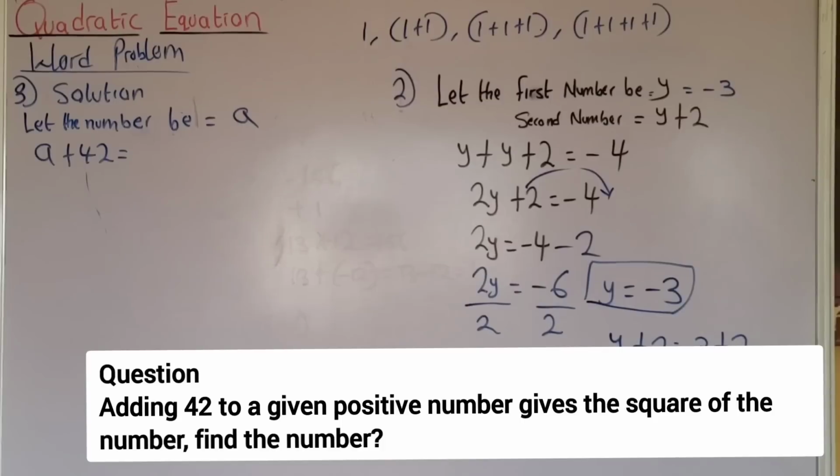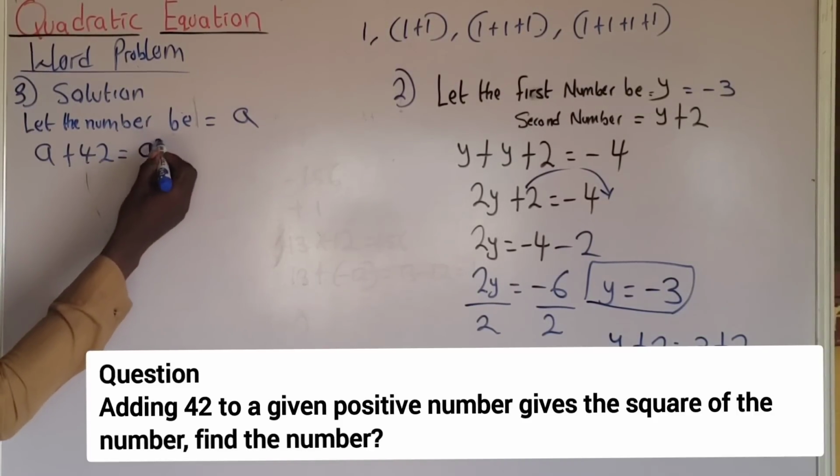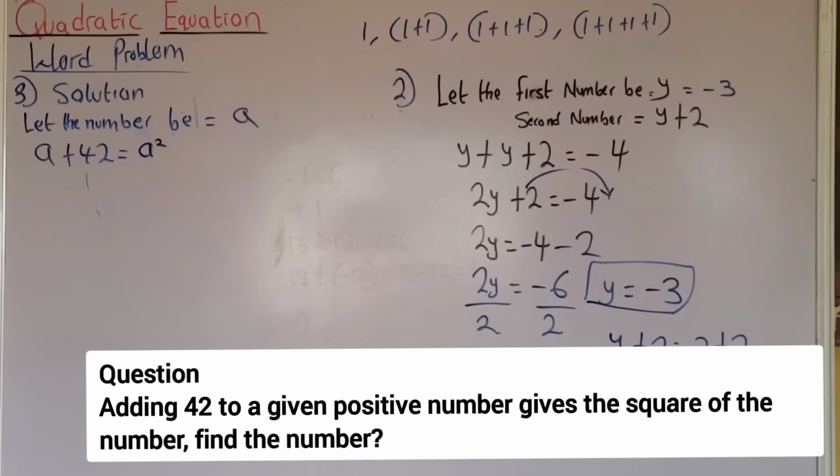It gives the same result as squaring the number. So that means that if we add 42 to A, it is equal to A squared. You can see now. Do you understand what I did here? That is the interpretation of the question. If we add 42 to a given number, we are going to have the same result as the square of the number. We don't know the number, so we represent it as A. So I add 42 to A.